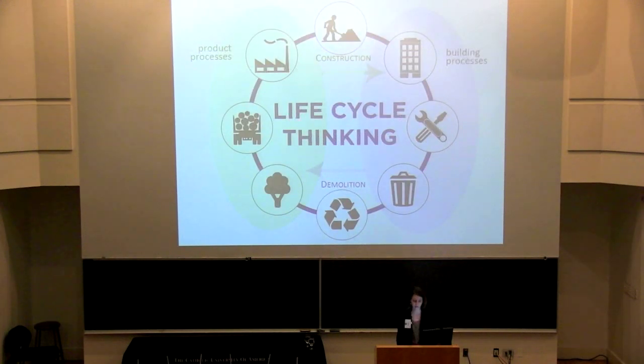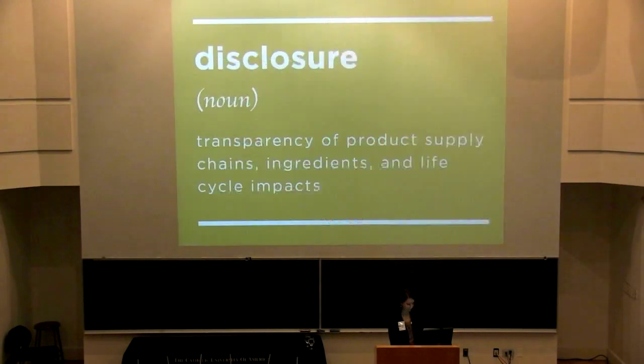When we talk about the life cycle approach to this category, we're being incredibly inclusive, starting from extraction of raw materials to the manufacturing, to the worker who is actually constructing the building, to the user who is in the building, to deconstruction of the building, demolition, waste management, all of these things.